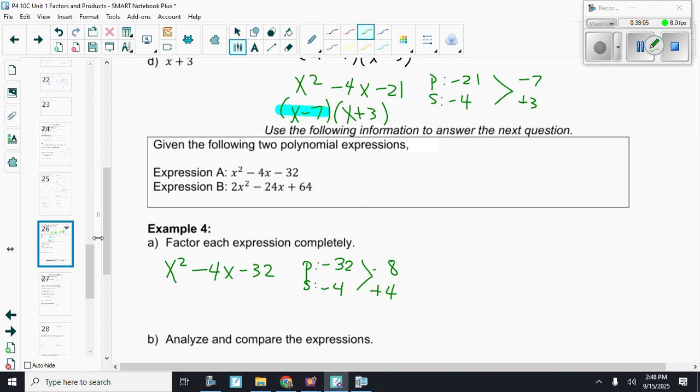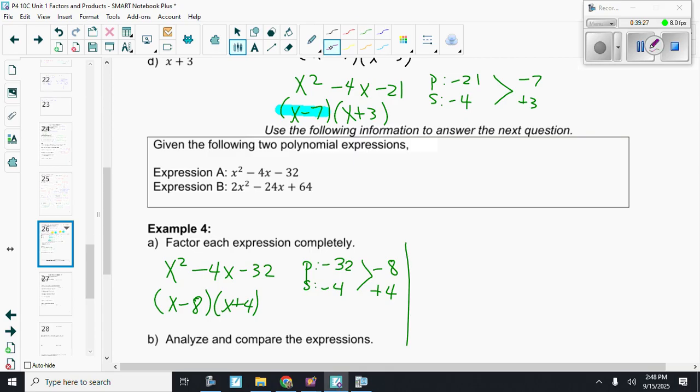Okay, so she used the clues here. We needed a negative product, so it's got to be one of each. And our sum has to be negative, so the larger number has to be negative. So we can go x minus 8, x plus 4. That was the first one.